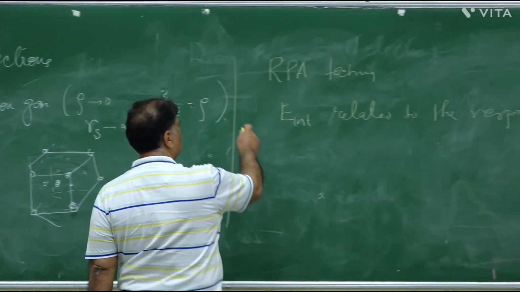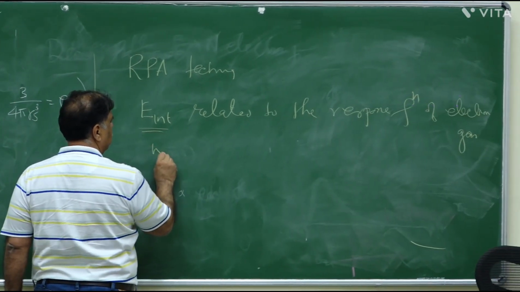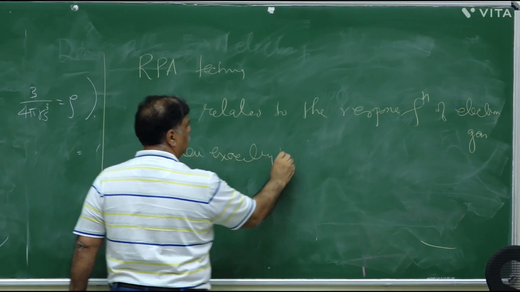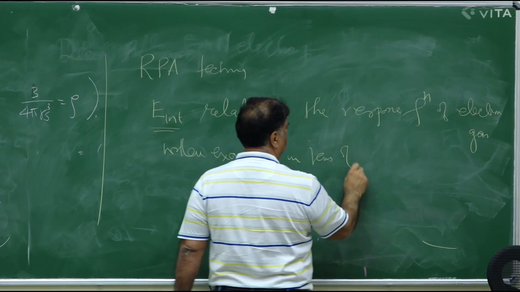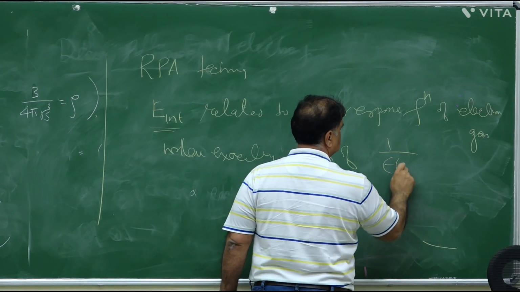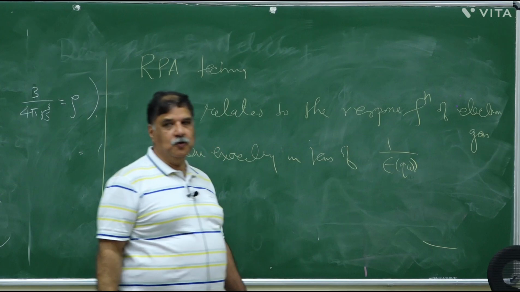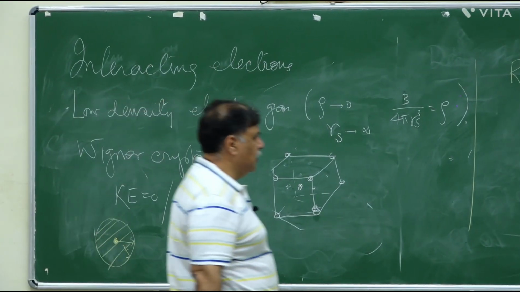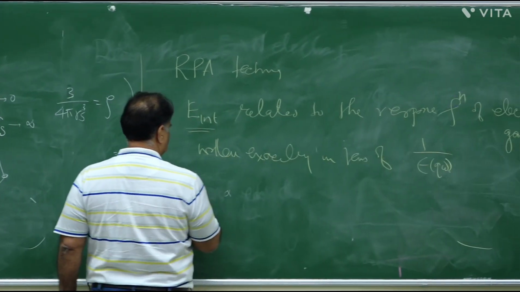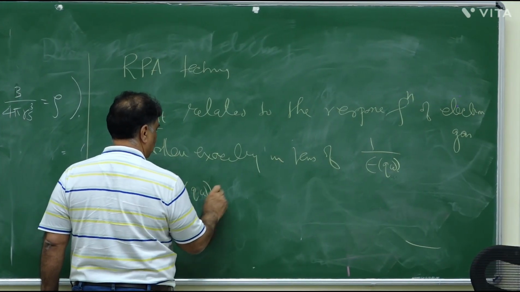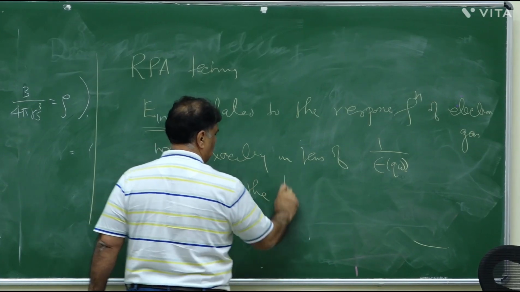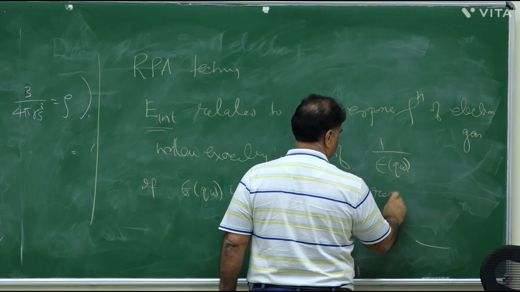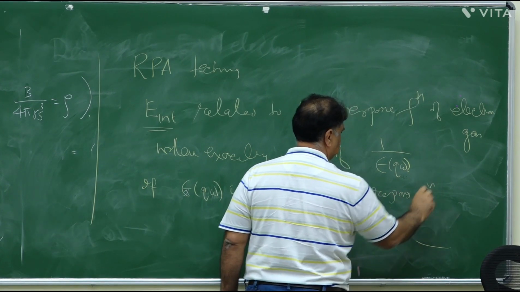And what RPA does: this can be written exactly in terms of, let's say, 1 over epsilon(q, omega), where epsilon(q, omega) is the dielectric function. What RPA does is take epsilon(q, omega) to be something called the Lindhard response function.